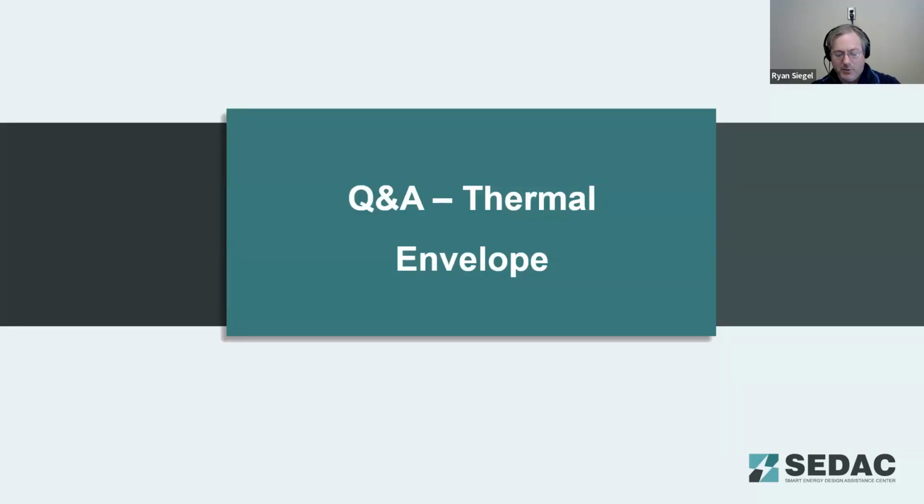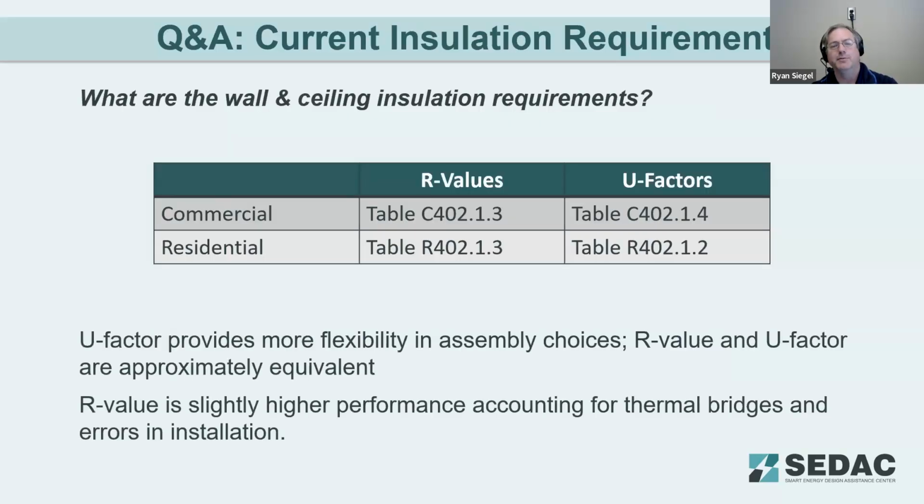So into some of the thermal envelope stuff. Had a question come in, what are the wall and ceiling insulation requirements? We have a couple of different tables depending on what you may like to use. U-factor provides a little bit more flexibility in how your assembly is put together.